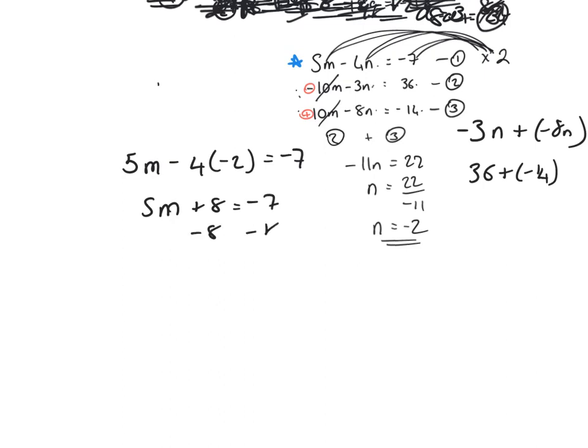Take 8 off both sides. 5m equals minus 15. I'm going to now bring the 5 down and divide. m equals minus 15 over 5, and final answer, m equals minus 3 and n equals minus 2.